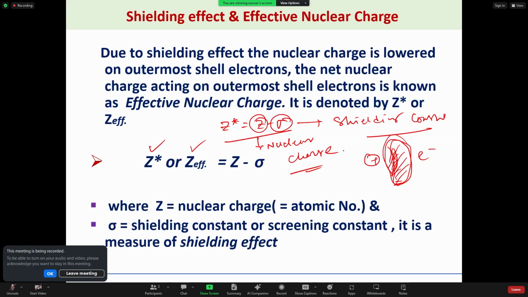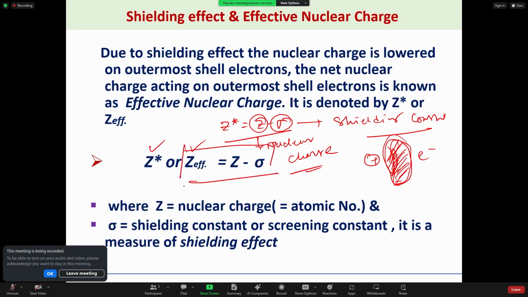That is called the shielding constant. So if we remove this shielding constant value, how much shield is there, from this nuclear charge, then we will get this effective nuclear charge. That's why Z effective is equal to Z minus sigma.